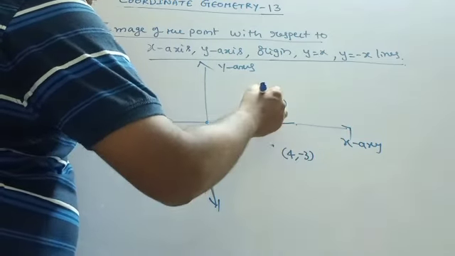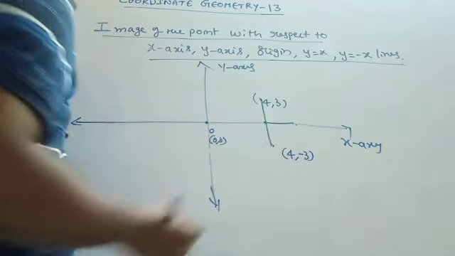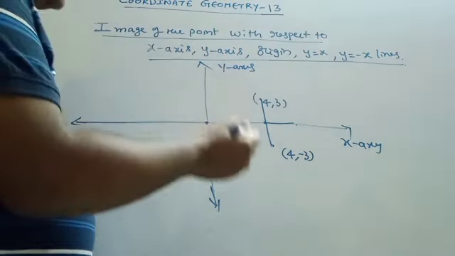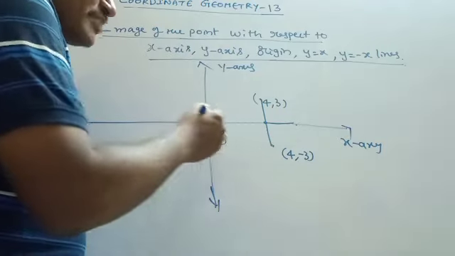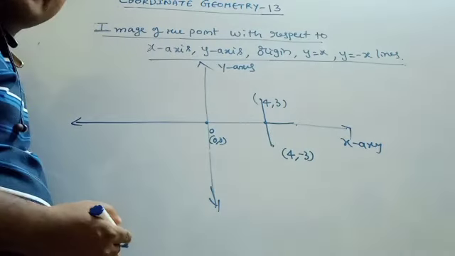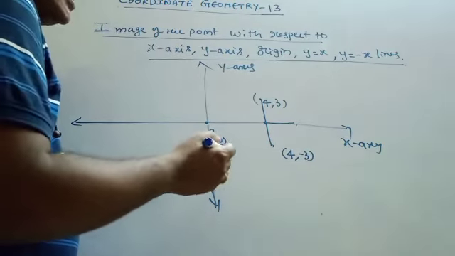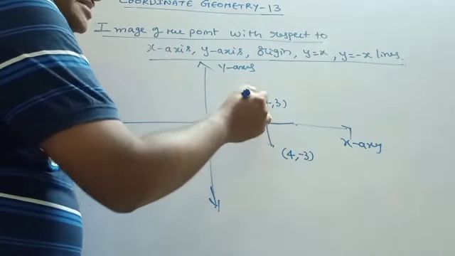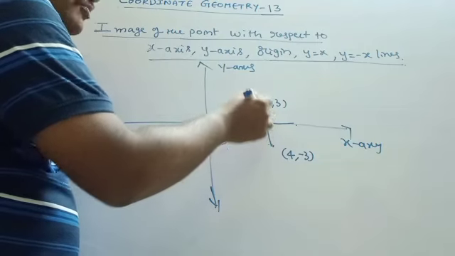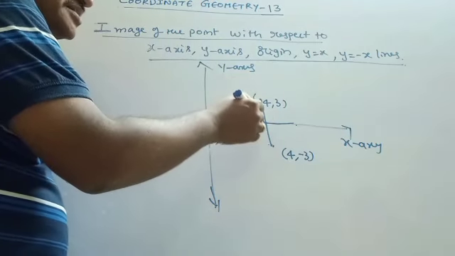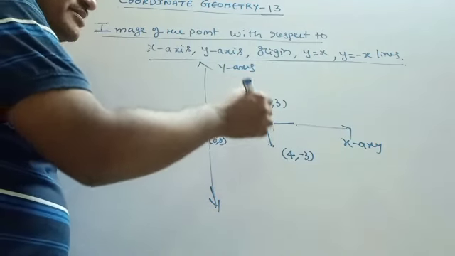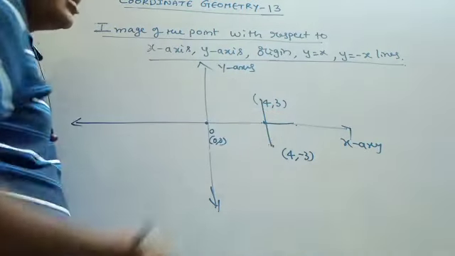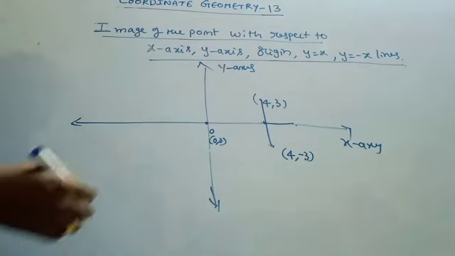I took one point, 4 comma 3, and its image with respect to the x-axis is nothing but 4 comma minus 3, right? That means its image will be at the same distance from the x-axis. Whatever distance you have above, the same distance you will have below the x-axis. So 4 comma 3 becomes 4 comma minus 3.